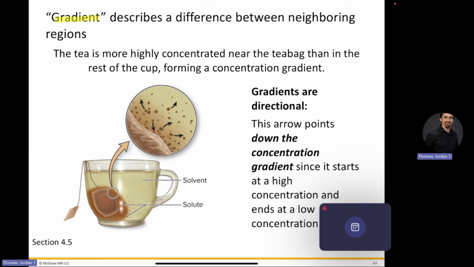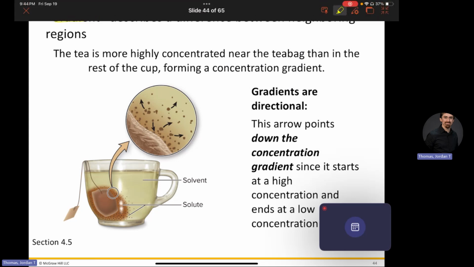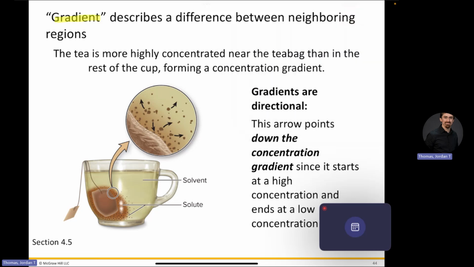So a gradient describes the difference between neighboring regions. And we're thinking about this in terms of the solutes, what's being dissolved in that liquid. Most of the time it's water. And we see in this example, the tea is more highly concentrated near the tea bag than in the rest of the cup.